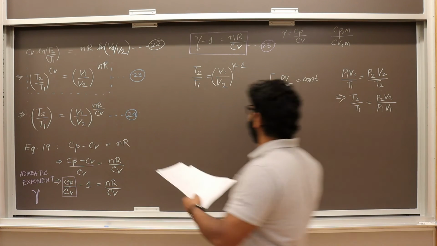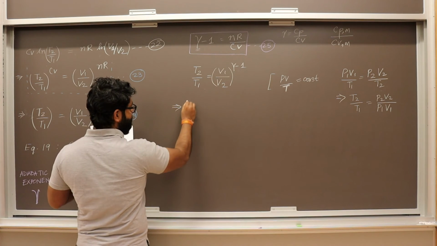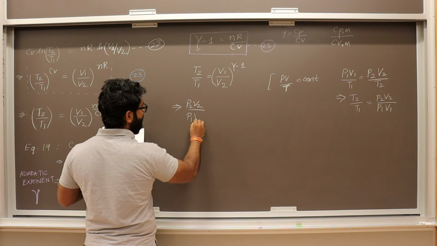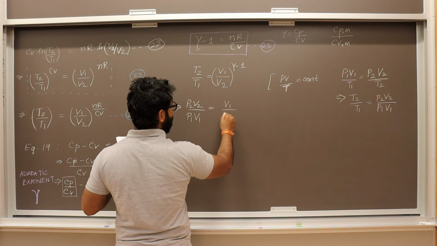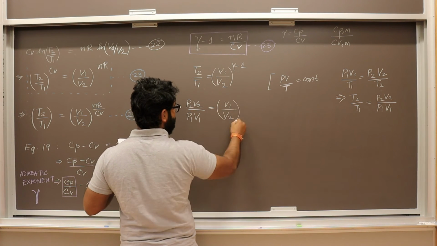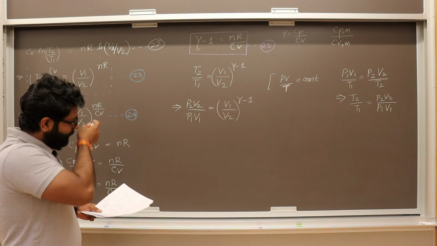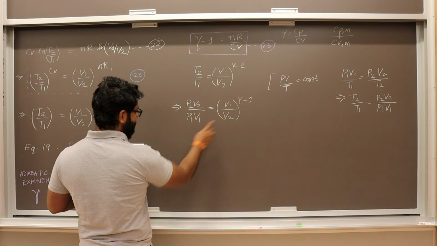So I'll just substitute that value. P2 V2 by P1 V1 becomes V1 by V2 to the power of gamma minus 1. Now, I'll get these V1 to the other side and this V2 to the other side.